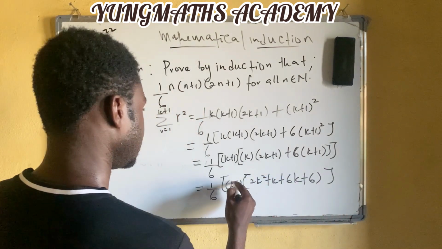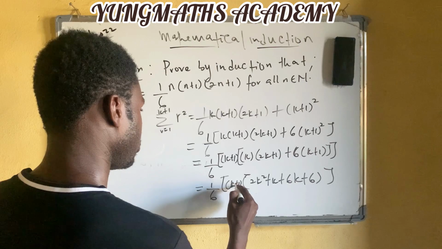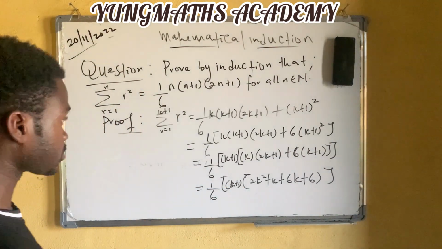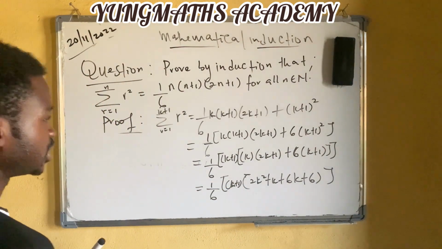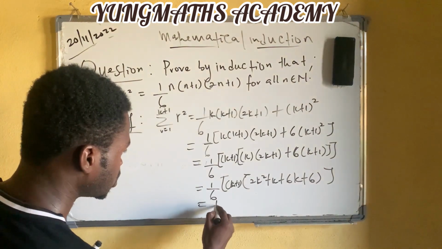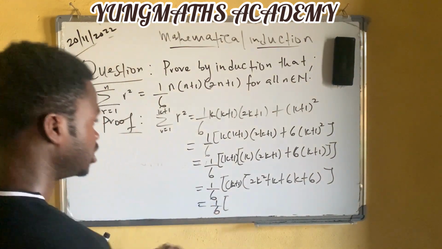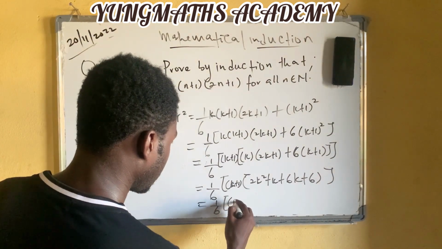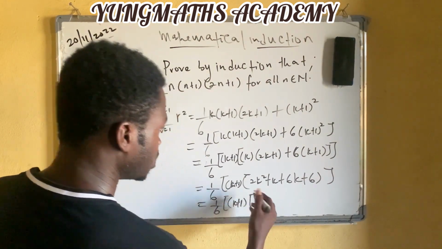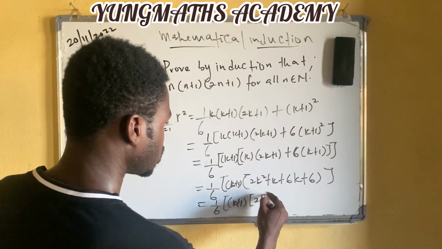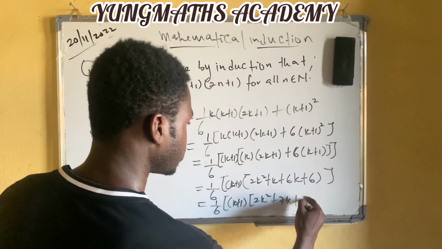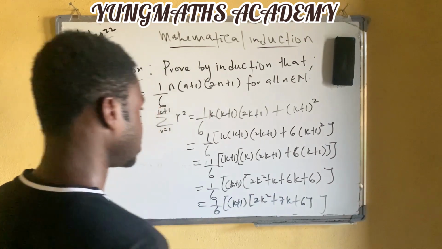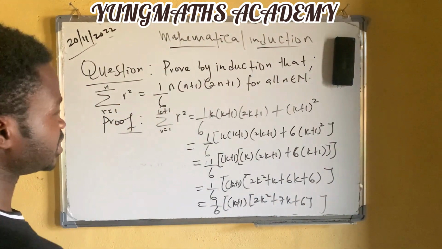So this is still the same thing as 1 over 6 into k plus 1 times 2k squared plus 7k plus 6. Okay, just this way.